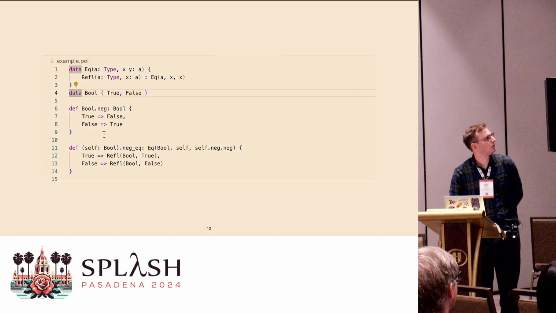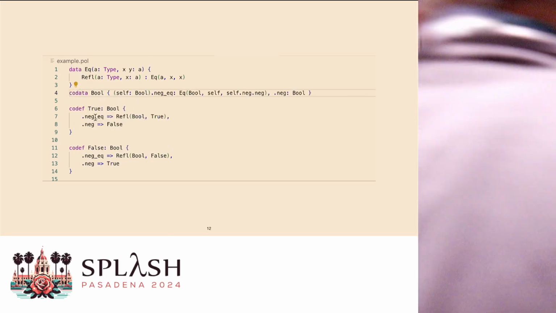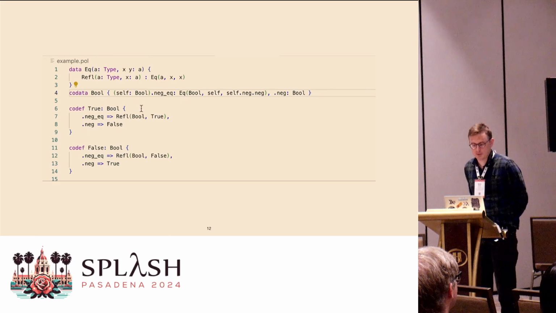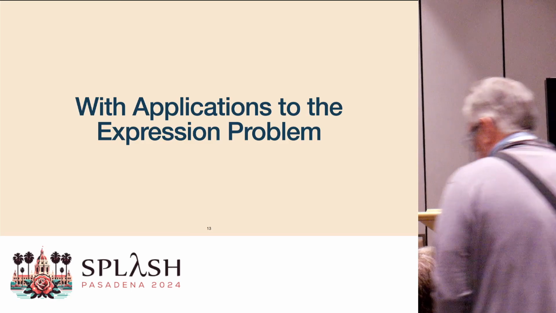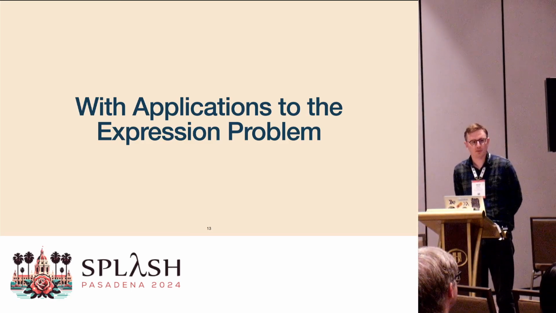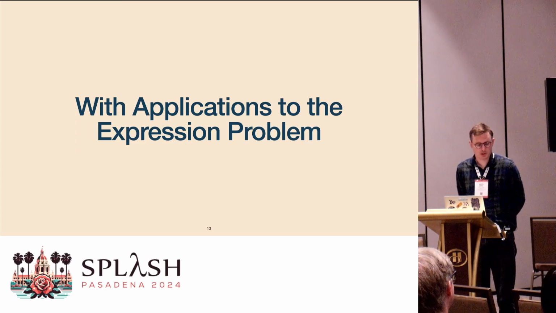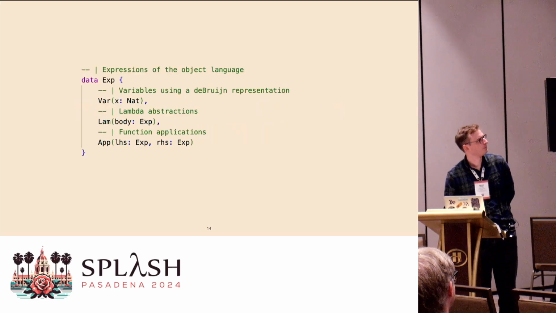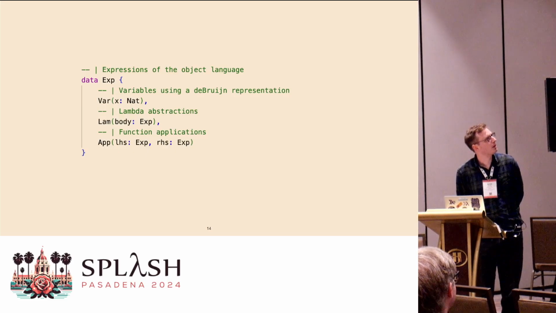And we can also do this transformation automatically and transform any program. And I also said that this comes with applications to the expression problem. This is the original motivation of the paper. We wanted to contribute to the expression problem for proofs. So here you would have an ordinary data type representation for the simply typed lambda calculus.